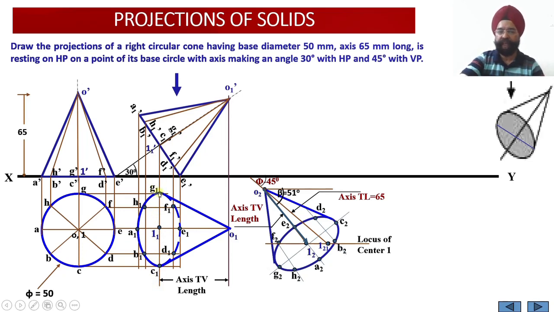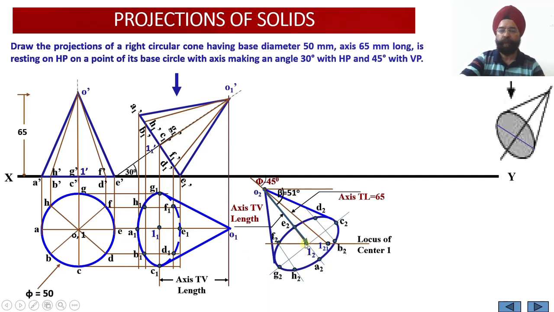Point 1 is G1, point 2, point 3, point 4, point 5. From points 1, 3 and 5, I will get G1, 1 1' and C1 at 0 distance. These 3 points G1, 1 1' and C1.